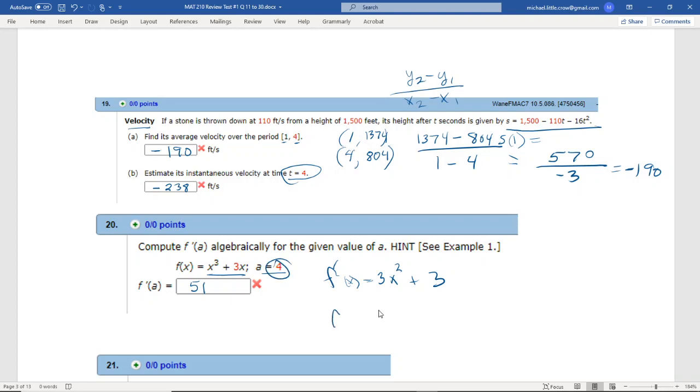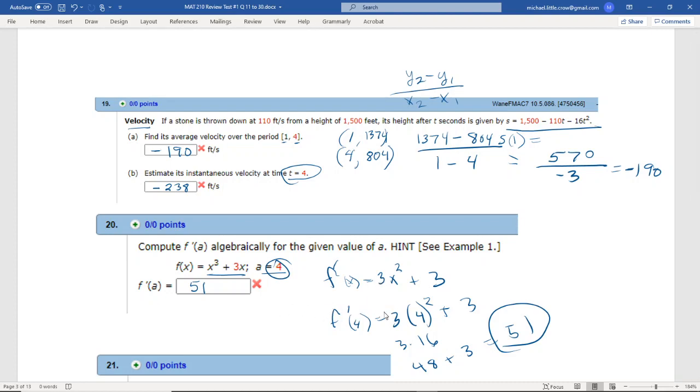So we want the derivative at 4. We get 3 times 4 squared plus 3, so that's 16. 3 times 16 is 48, plus 3 is 51. Okay, either way you want to do it.